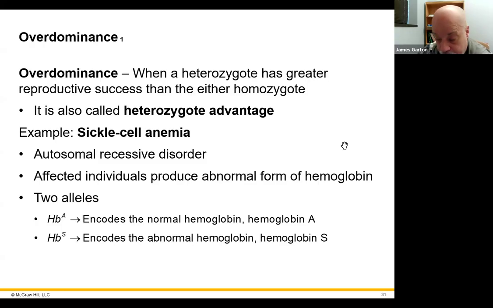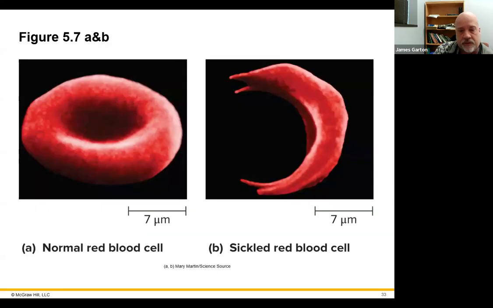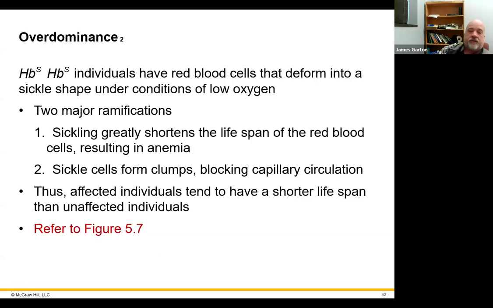Now, if you are homozygous for HbS, your red blood cells sickle. And the sickling is not good for your red blood cells. Assuming that sickle shape on the right is not good for them. And so you get anemia.